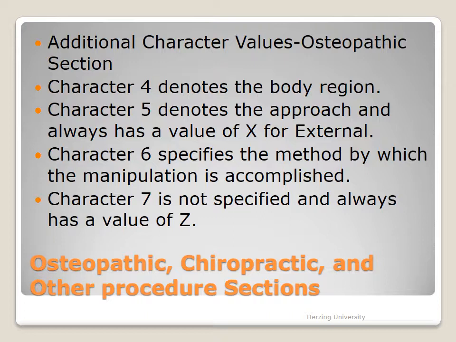Cervical, which has a value of 1, thoracic, which has a value of 2, lumbar, which has a value of 3, sacrum has a value of 4, pelvis has a value of 5, lower extremities have a value of 6, upper extremities have a value of 7, rib cage has a value of 8, abdomen has a value of 9.